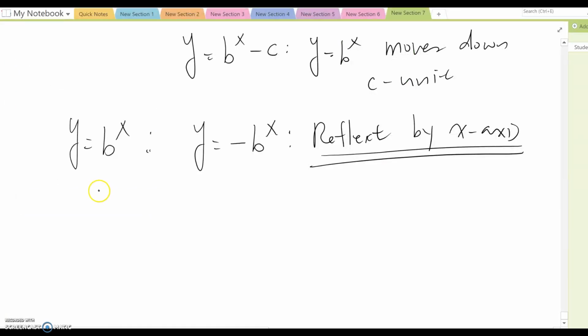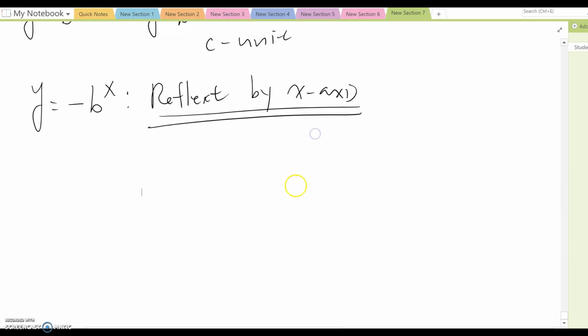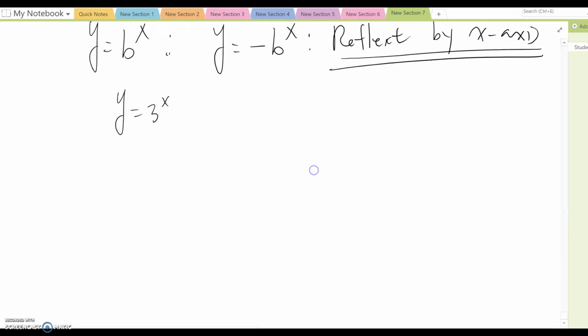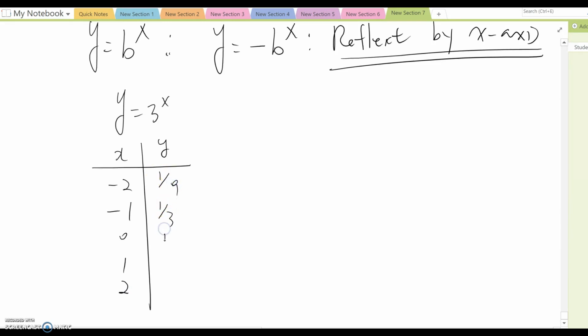Before, y equal to 3 to the x, and x and y: negative 2, negative 1, 0, 1, 2, then we know that this becomes 1 over 9, 1 over 3, 1, 3, and 9 like that. Because 3 to the negative 2 power means 1 over 3 squared here, right?